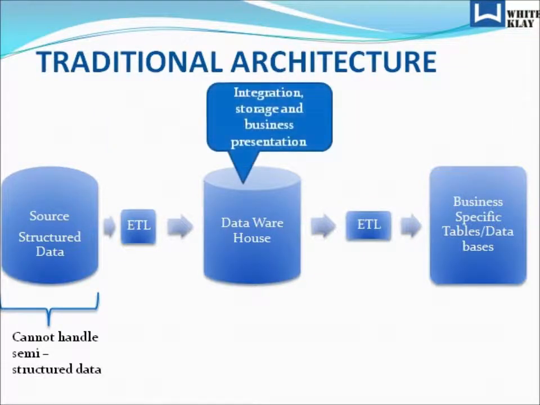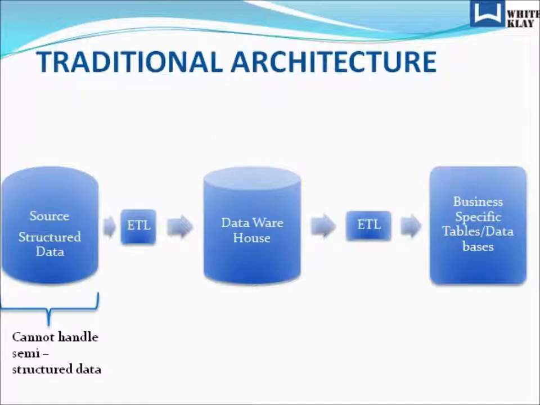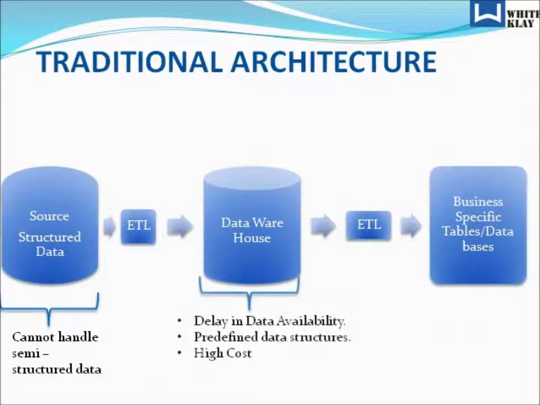The third comes the integration, storage and business presentation layer. A lot of time here is spent on understanding source and defining destination data structures. Enterprise data warehouse is used then with lots of transient staging tables and loaded onto business specific data marts.